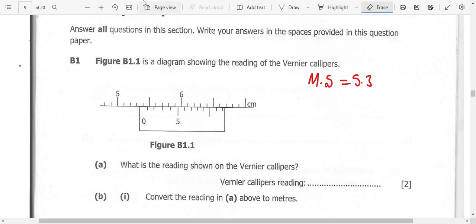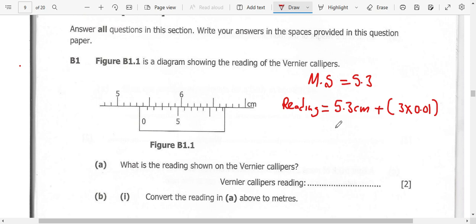So when you want to do the reading on your vernier caliper, the reading is going to be the value on the main scale, that is 5.3 centimeters, plus the one which you've read on the vernier scale, that is a 3. Now you need to multiply by 0.01. So this is going to be 5.3.